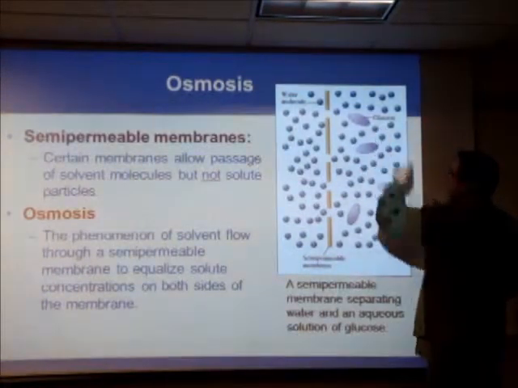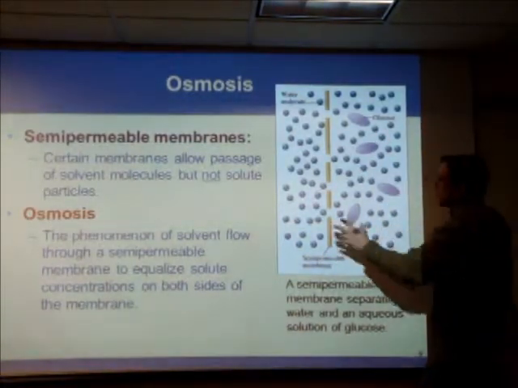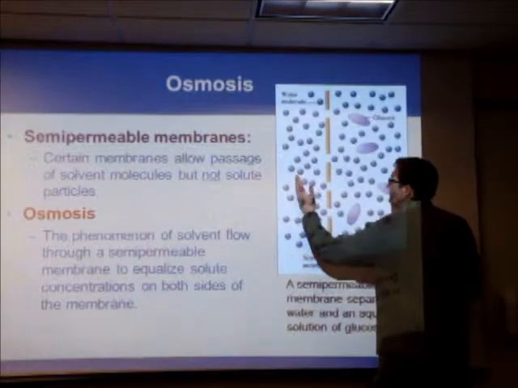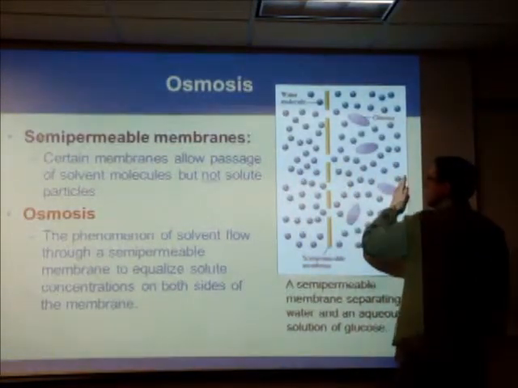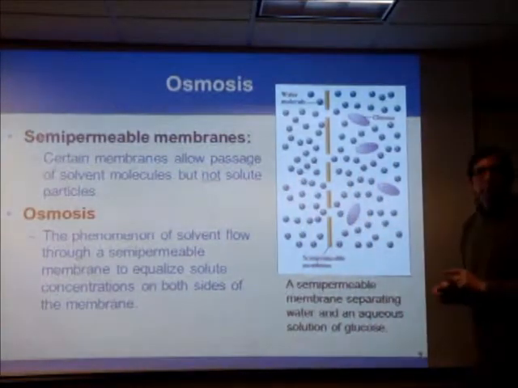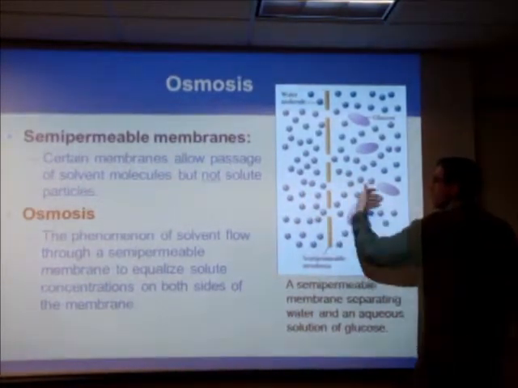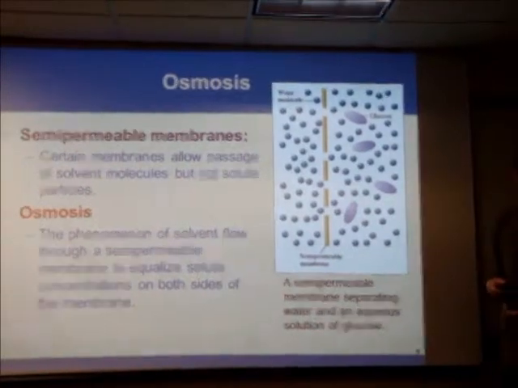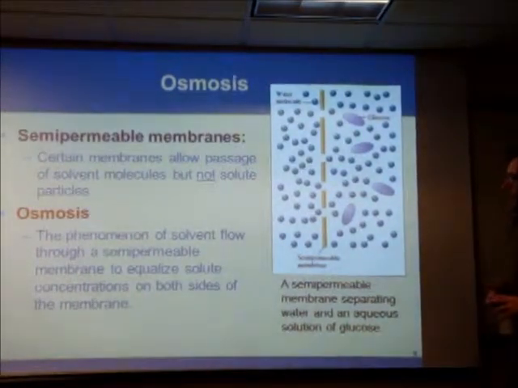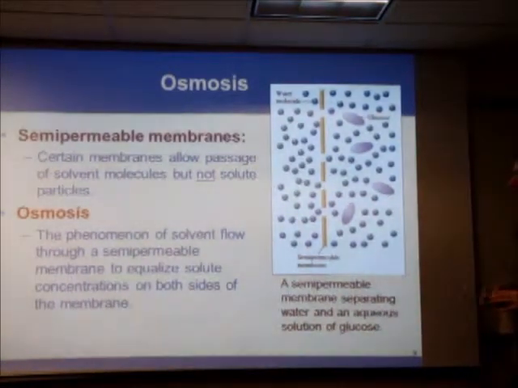Because the glucose molecules are here, the water is generally moving more towards the glucose than away from it. So there's a net flow of water towards the glucose. What it's trying to do is dilute out the glucose concentration.